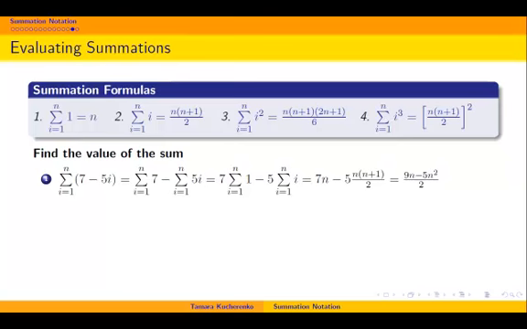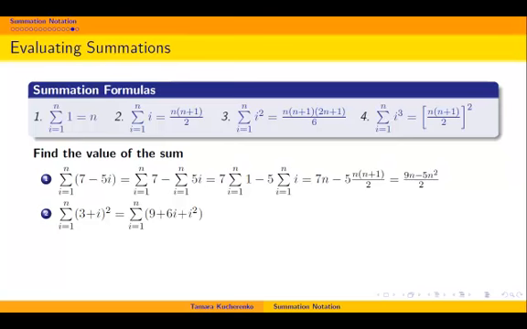The next example is to find the value of the sum from i equals 1 to n of 3 plus i, squared. First we expand 3 plus i squared and get 9 plus 6i plus i squared.